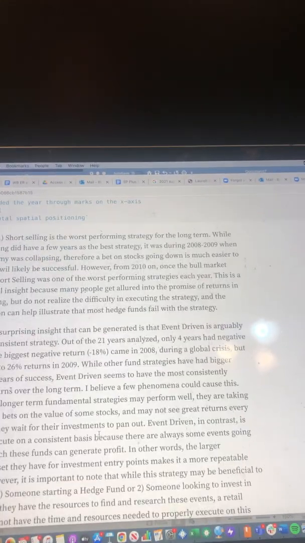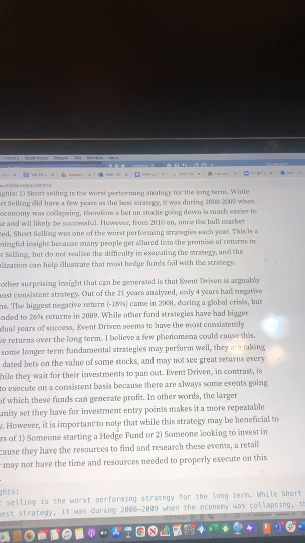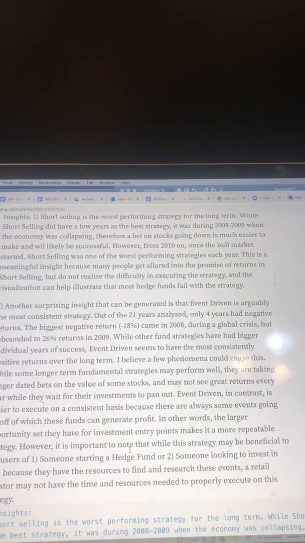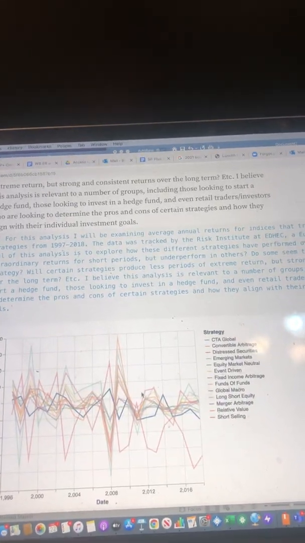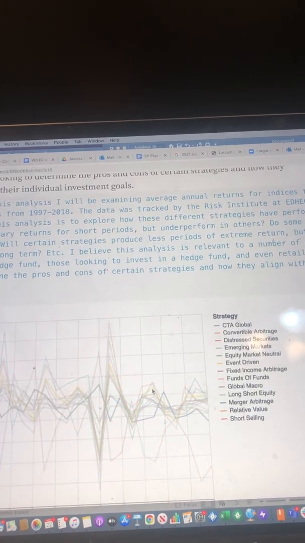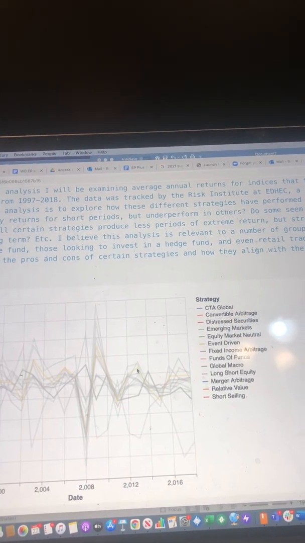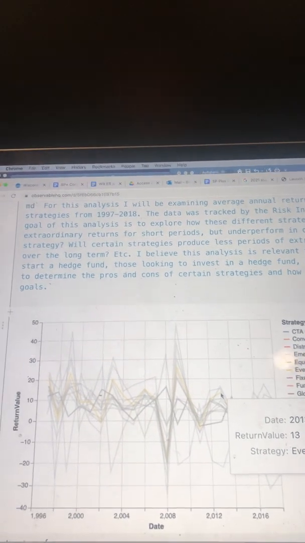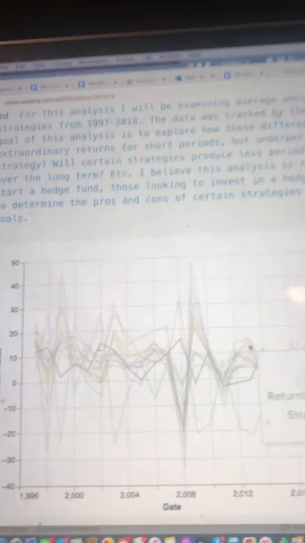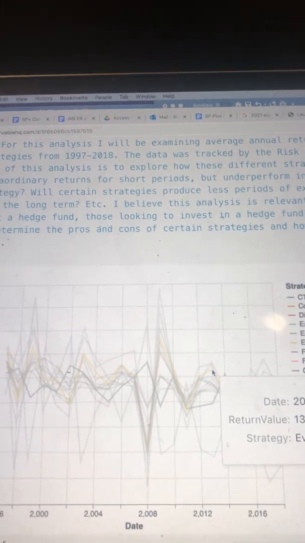That's our first insight. Another insight is that event-driven strategy is probably the most consistent strategy. While if we look at it initially, this yellow line here, we may see that it's not actually super duper outperforming in many of the years.